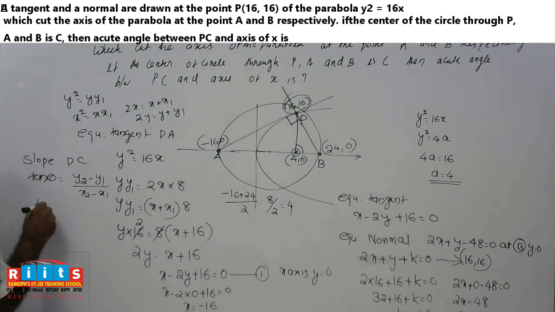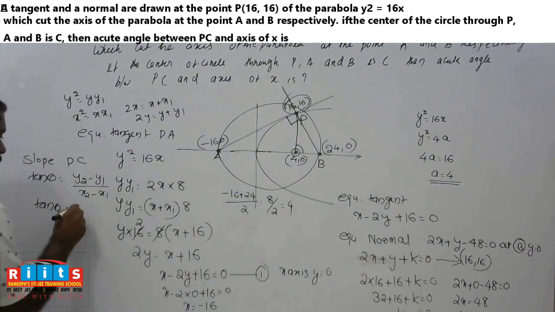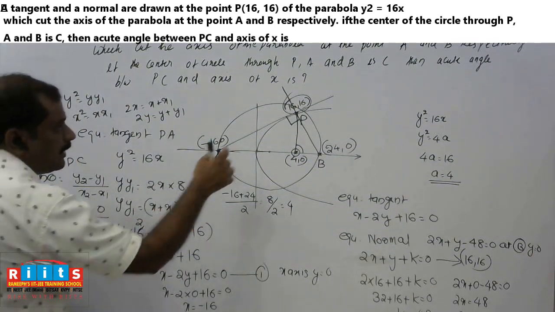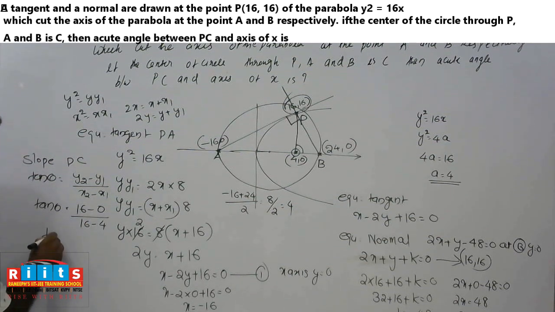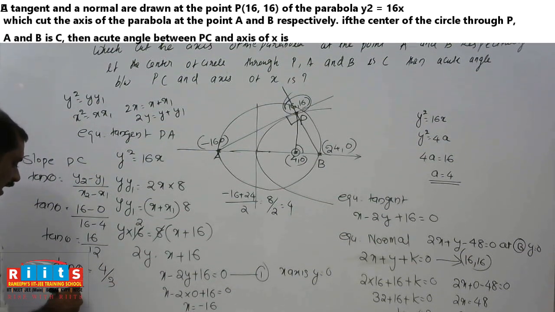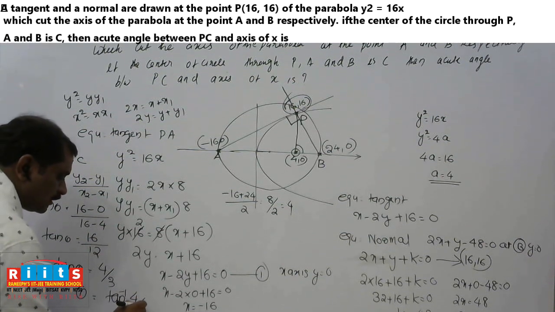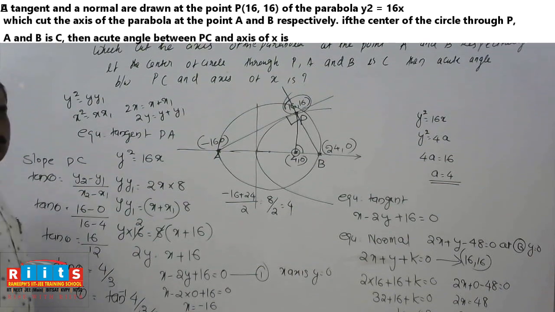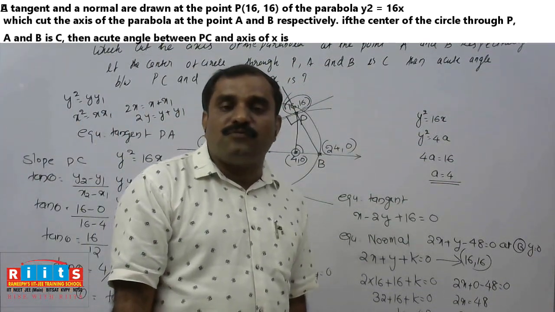Here, tan theta is equal to 16 minus 0 whole divided by 16 minus 4. That is tan theta is equal to 16 divided by 12. So tan theta is equal to 4 by 3. So theta is equal to tan inverse 4 by 3. Okay, students? So the right answer is theta is equal to tan inverse 4 by 3.